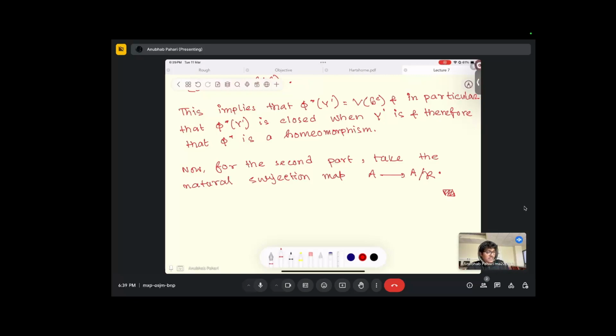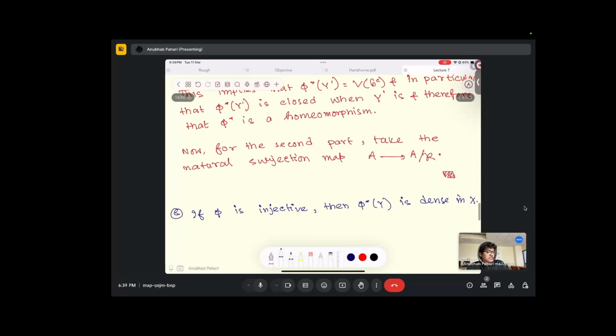now we'll be doing another interesting problem, that is problem 5. If phi is injective, then phi upper star y is dense in X. You know what is dense set? That means if you take its closure, then it will be the whole set.